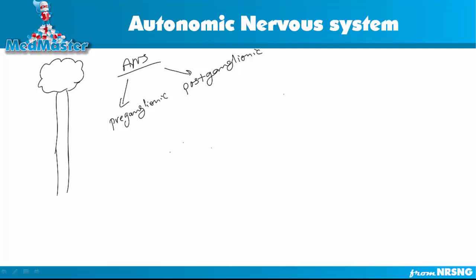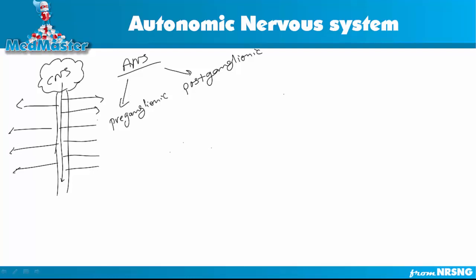We have some neurons in the central nervous system, which is here, all the way from up to down, and the other neurons come out of the spinal cord right here. Those are called the peripheral nervous system, because they're not central, they're peripheral.